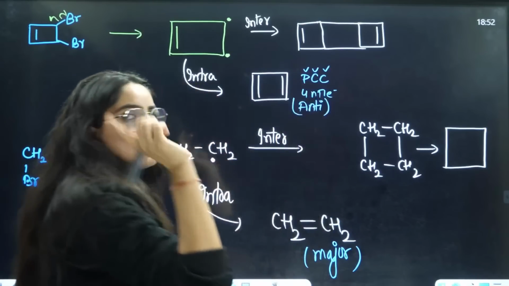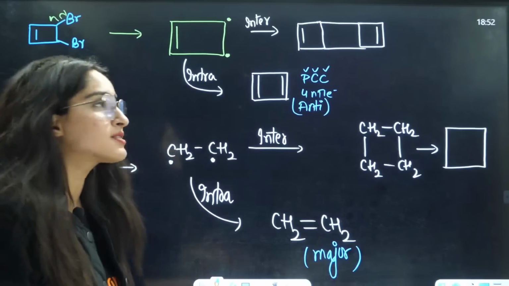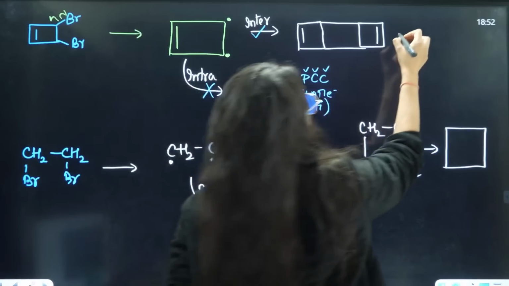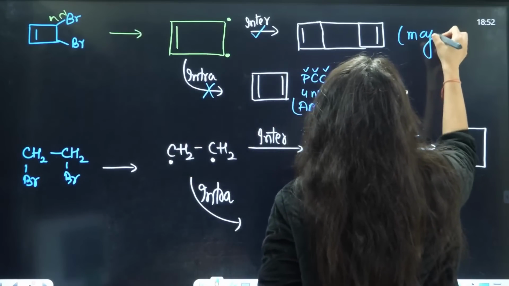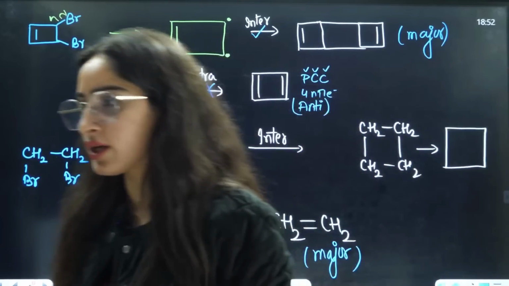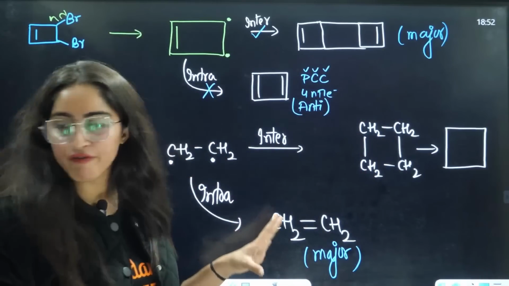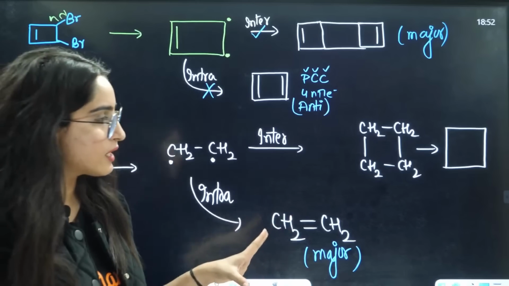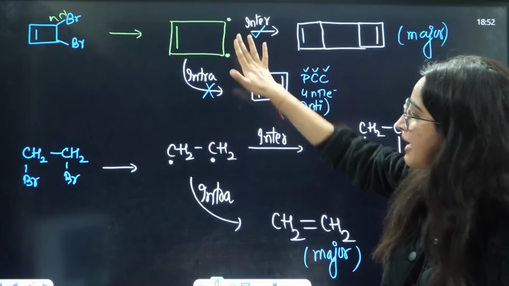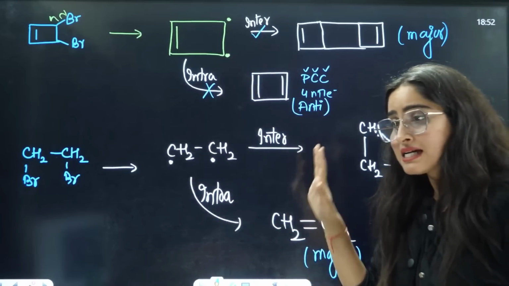When something is anti-aromatic, it is very unstable. So this reaction will not occur. Rather, the other reaction will be supported and this is going to be the major product. Got it? Everybody in the chat box, got it or not? This is what our major product will be in these kinds of situations, right?